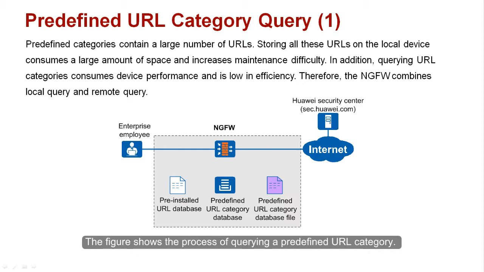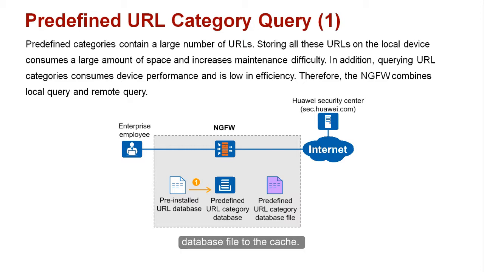The figure shows the process of querying a predefined URL category. The USG6000 is delivered with a predefined URL category database, also called pre-installed URL database, that contains some common URLs. After initial startup, the USG6000 automatically loads the predefined URL category database file to the cache.